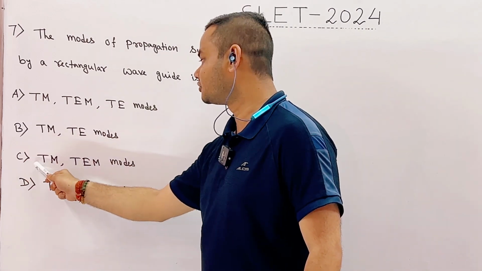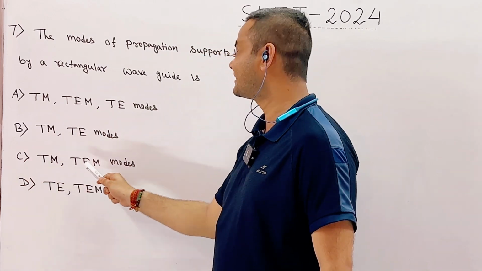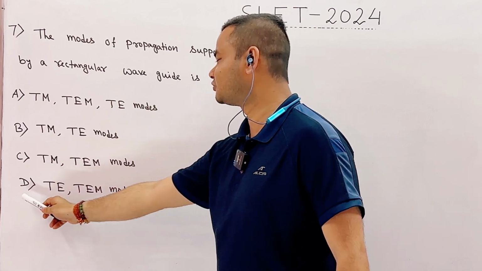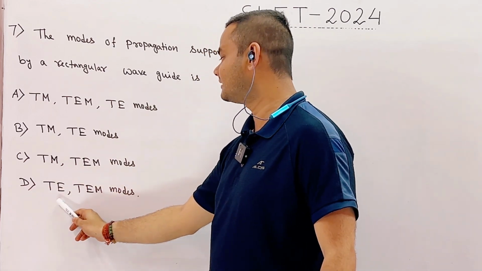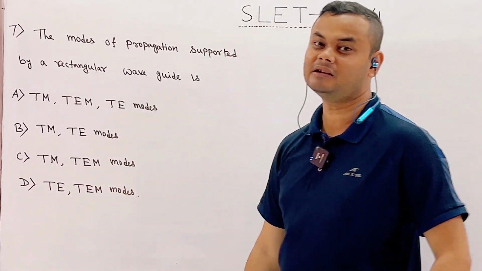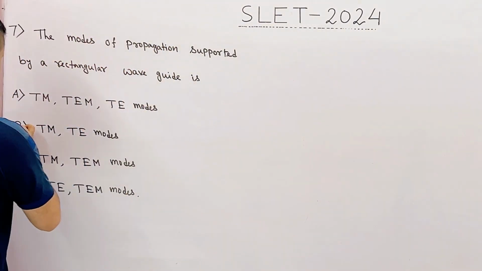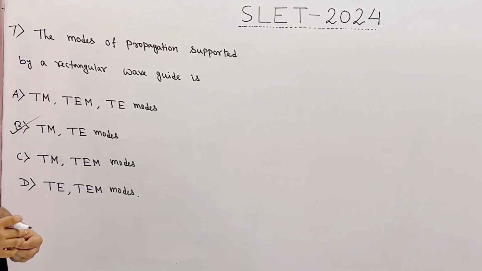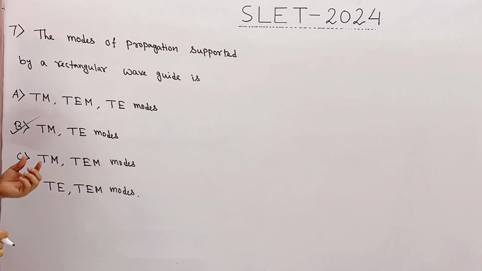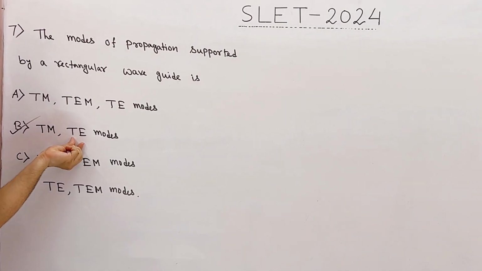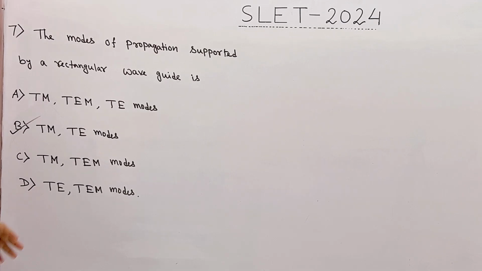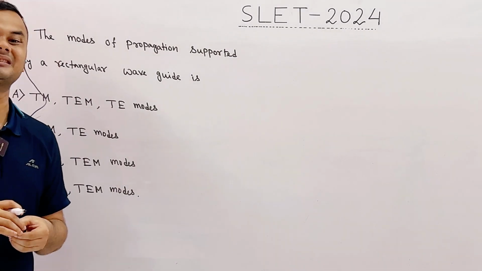Option C, transverse magnetic, transverse electromagnetic modes. Option D, transverse electric, transverse electromagnetic modes. Here the correct answer is option B, because we know that a rectangular waveguide supports transverse magnetic and transverse electric modes only. It does not support transverse electromagnetic mode, because in this case all field components vanish.